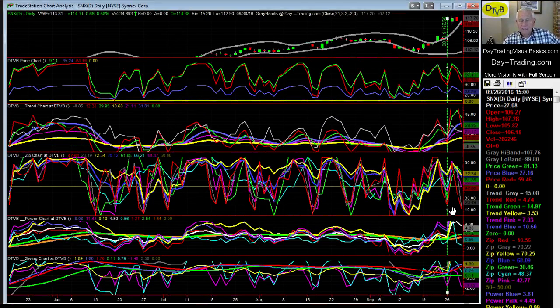So our proximity groups will locate at 0 or at 100 sometimes, but the best proximity group is when they are just above the short-term trend lines, the blue, pink, yellow in the trend chart, and when a good majority of the lines are above the power green and orange in the power chart.